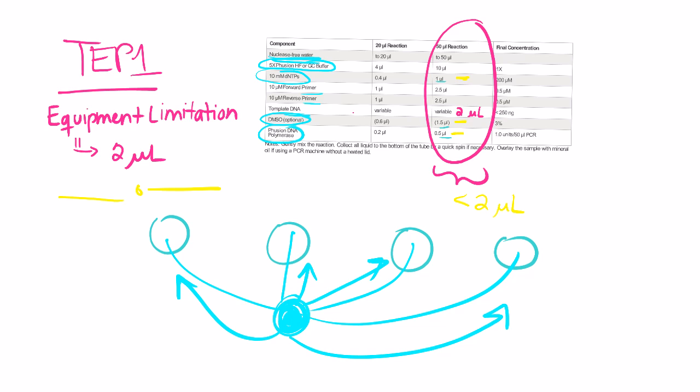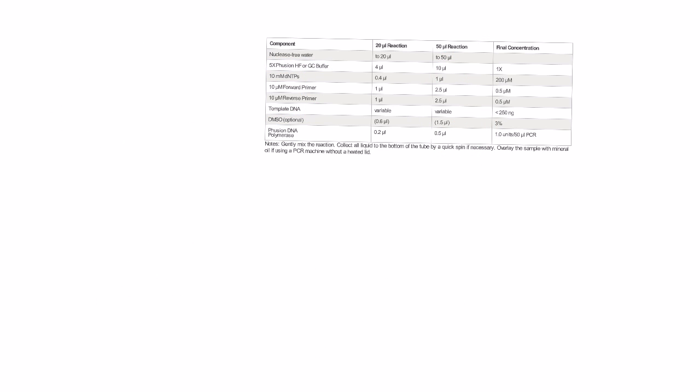Because of the different concentrations of the template DNA, some groups had to add more or less of that DNA, which would in turn affect how much water they would actually need for their solution. But this whole process worked. We created one big solution, we shared it amongst the four groups, and then we added whatever we needed. That solved the problem. Now, did it work, is the question.